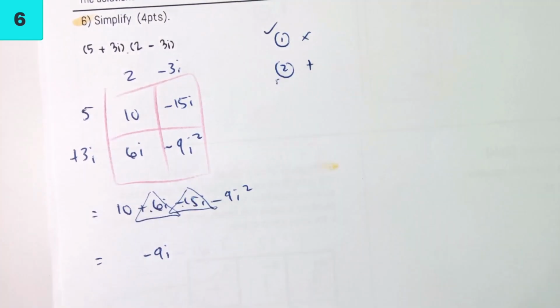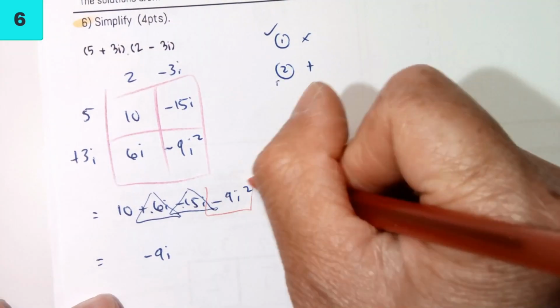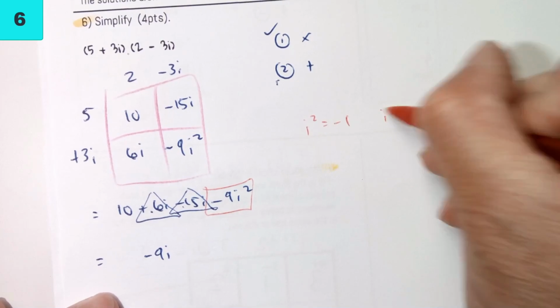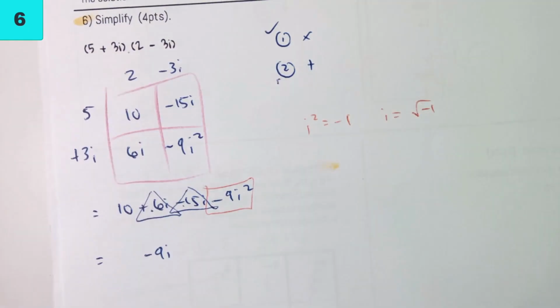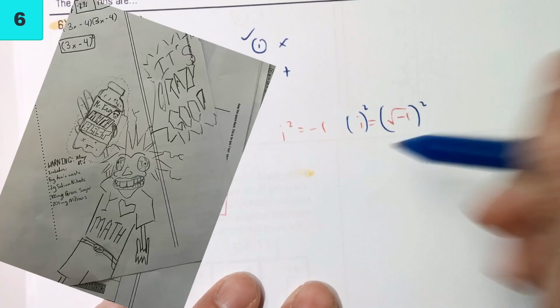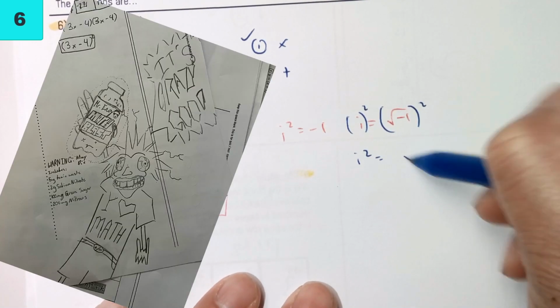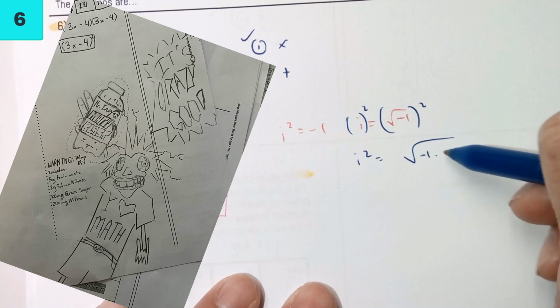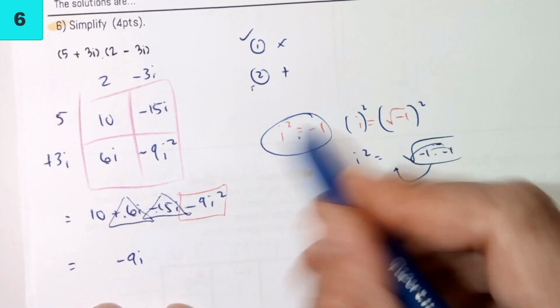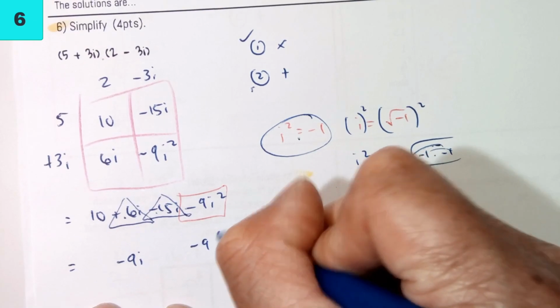Okay. Here you have i squared equals negative 1, or i equals the square root of negative 1. If you square both sides, that's a pair that comes out, so then i squared equals negative 1. That's what you want. So negative 9 times negative 1.